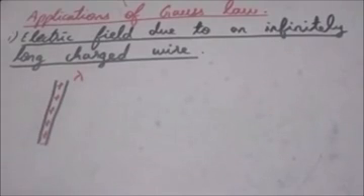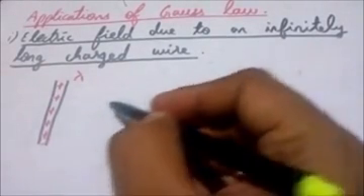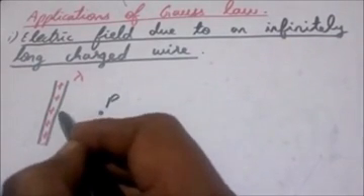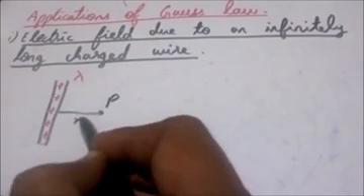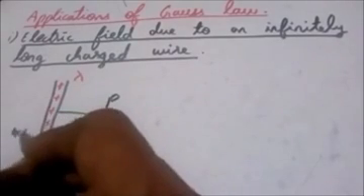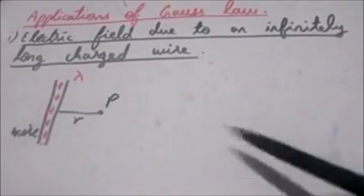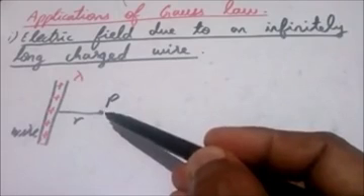Then we'll consider a point P here, at a distance of r from the wire. This thing is a wire and this is a point here. Now our aim is to find the electric field at this point.